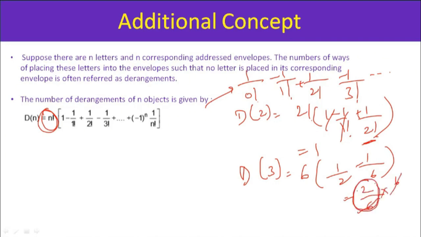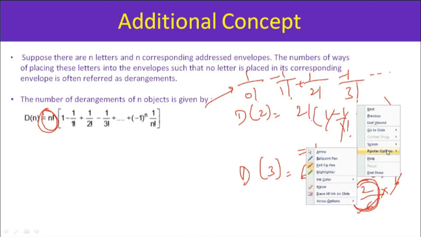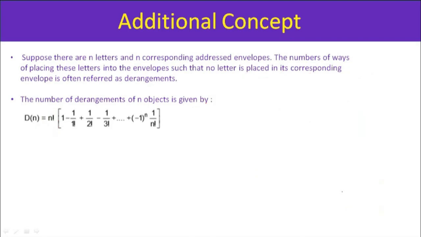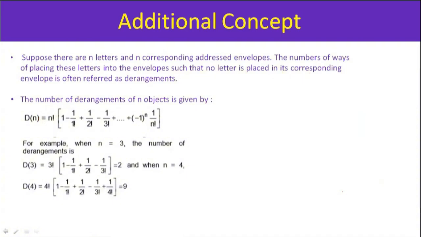The answer comes out to be 2, which we just checked. So this becomes your formula for derangement. Whenever I ask you to derange 10 objects, this is how you would do it. Something for you to remember is, everyone should at least remember till 4. Derangement of 3 letters is 2, derangement of 4 letters is 9. Remember that, that is more than enough.